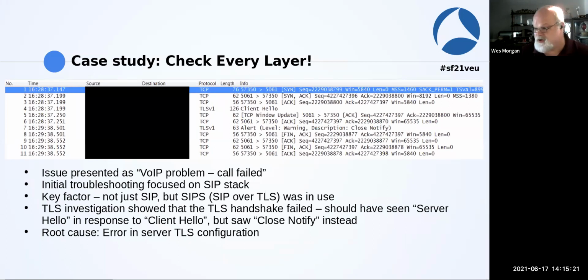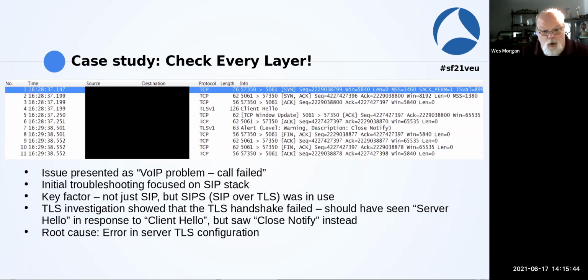Because that's where the calls are negotiated. So if the call is failing, well, then SIP is failing, was their thinking. The key factor that they didn't consider, it wasn't just SIP. It was SIP-S, secure SIP, SIP over TLS in use.